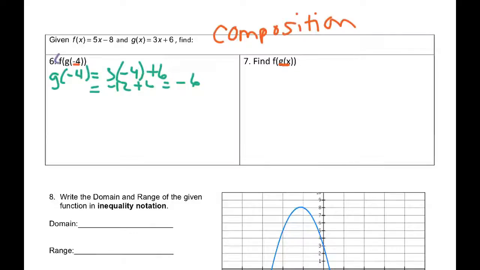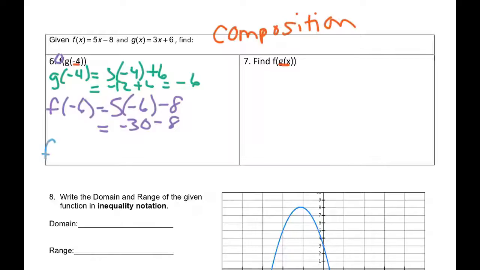So now we need to do this function, because now we have f of negative 6. And so we take our function f, the rule says 5 times our input, which was negative 6, minus 8, which is negative 30, minus 8. So in the very end, our final complete function, f of g of negative 4, equaled negative 38.